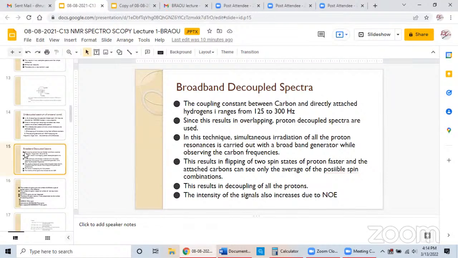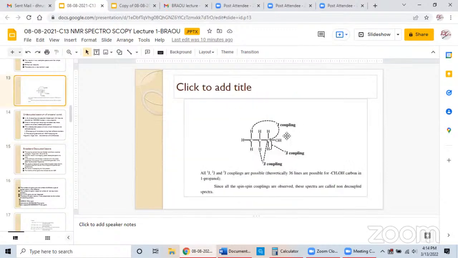The coupling constant between carbon and directly attached hydrogens is large. Since this results in overlapping, proton decoupled spectra are used. Because of the coupling constant and also the number of signals, you get a complex spectrum even for simple molecules in undecoupled spectra.